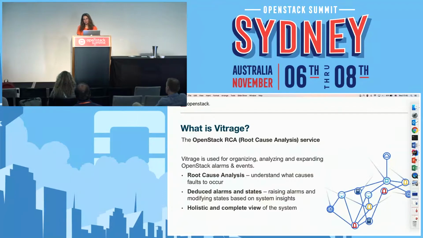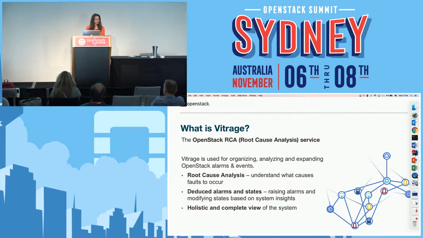So just a very brief overview of Vitrage in case someone is not familiar with it. Vitrage is an official OpenStack project for root cause analysis. In case there is a failure in the system, a lot of resources could be affected, and the cloud operator might see a long list of alarms, and it might be hard to understand what exactly went wrong.